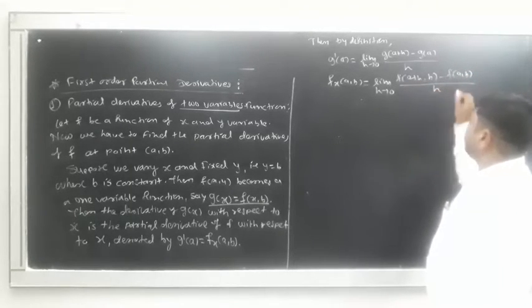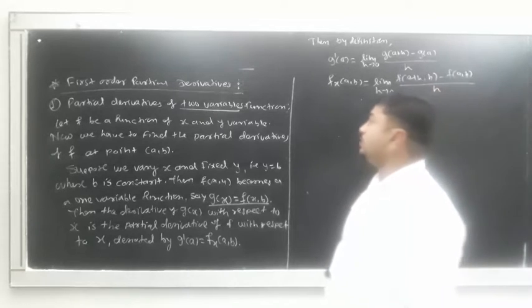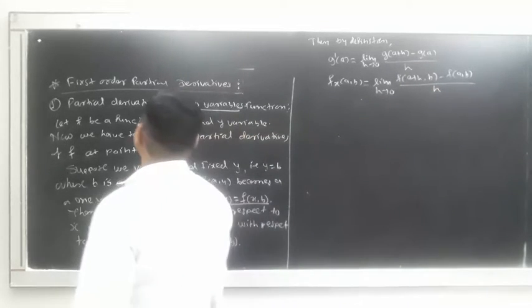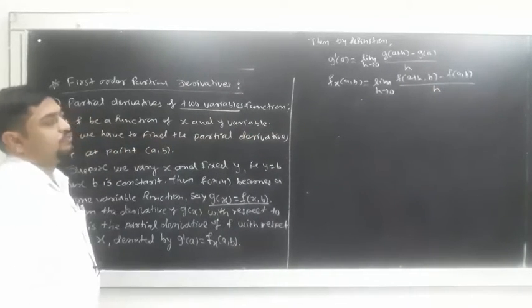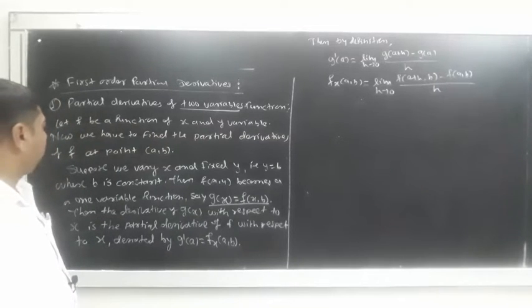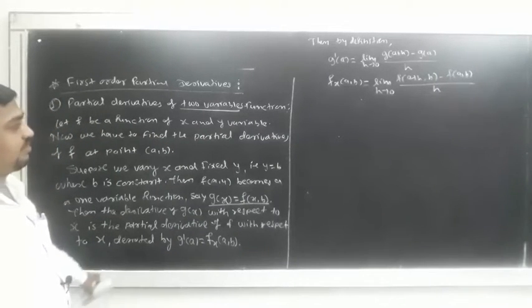AB upon h. So first what we write? Partial derivative fx. We find a partial derivative with respect to x.